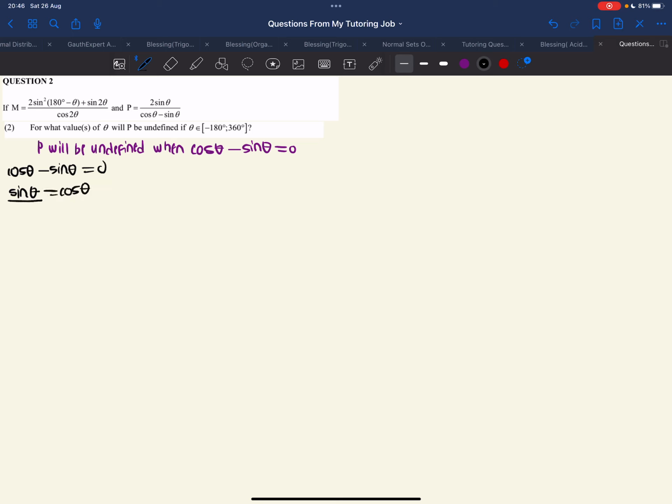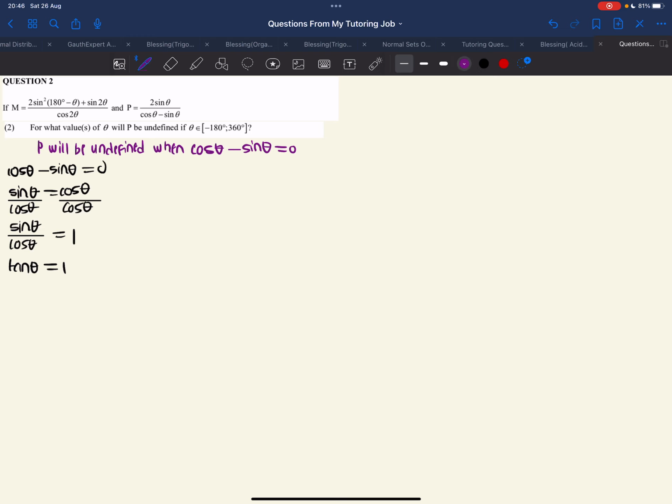And then we can divide both sides by cos theta, and we're left with sine theta over cos theta, which is just 1. Now remember, the trigonometric identity of sine theta over cos theta is tan theta, which is equal to 1.